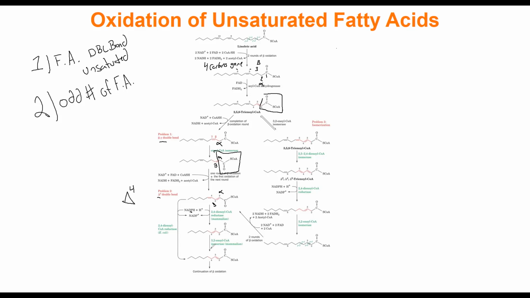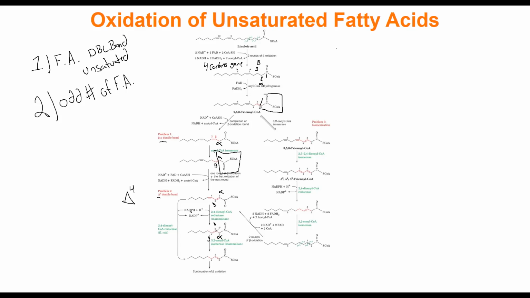We have another isomerase, this time a 3,2 isomerase. And we can continue beta oxidation because we move this double bond from the 3,4 position to the 3,2 position. Or, I know this is confusing because I'm using both numbers and letters. Not my idea to name fatty acids like this, alpha, beta, gamma.